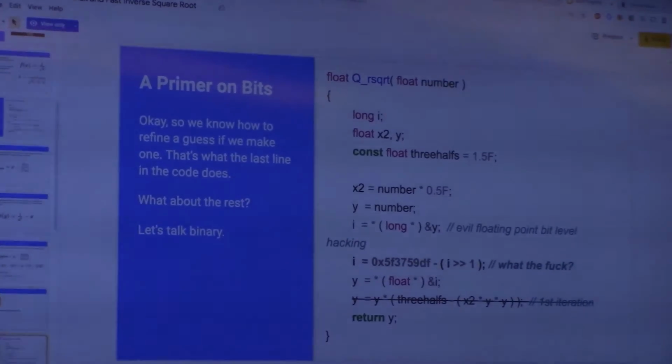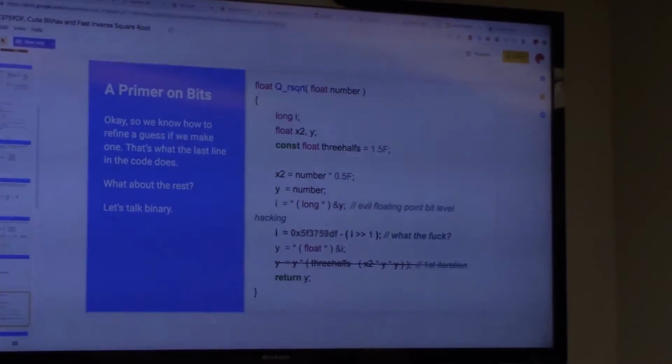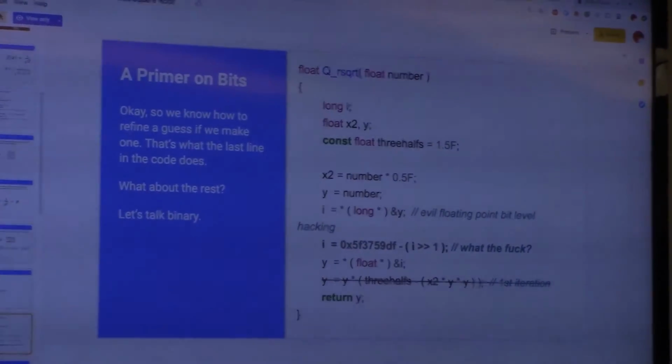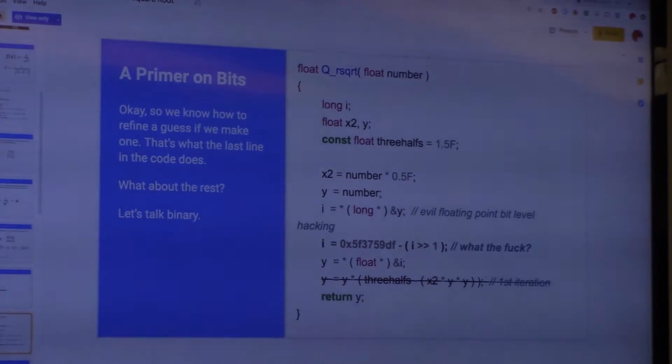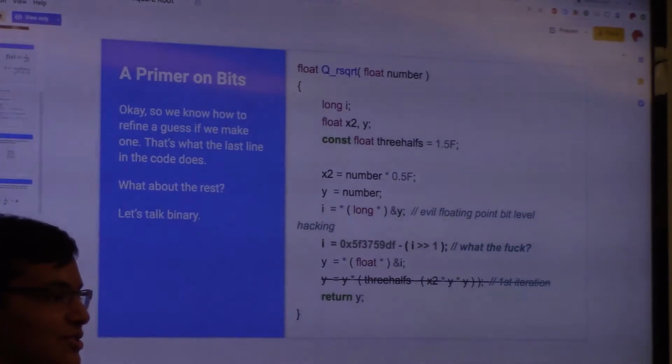Okay, so we have this line down. This is most of the algorithmic part of this quote-unquote hack that we're going to talk about today. Let me get rid of this. So the rest is all bit operations.